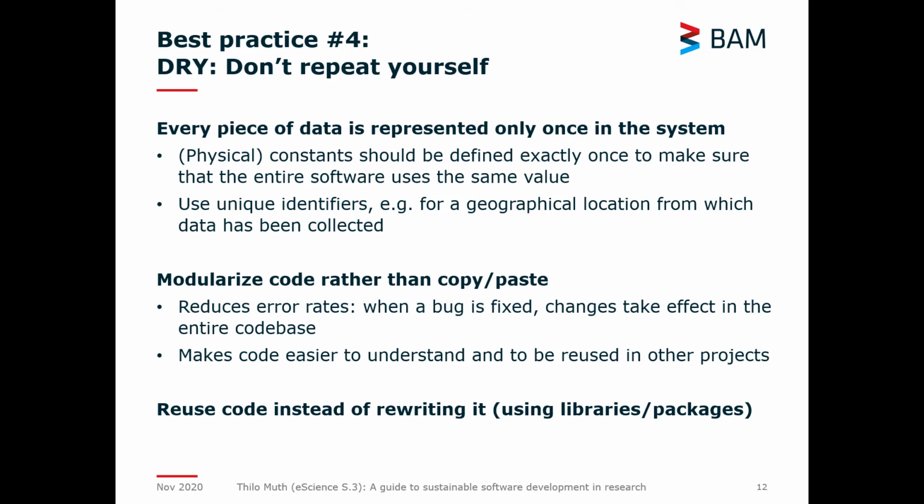So that's the last point here: try to reuse code instead of rewriting it. Make your entire code base focused on libraries, on existing packages to which many people contributed, for which many people already fixed a lot of bugs, and which are quite stable and frequently supported and used by the community.